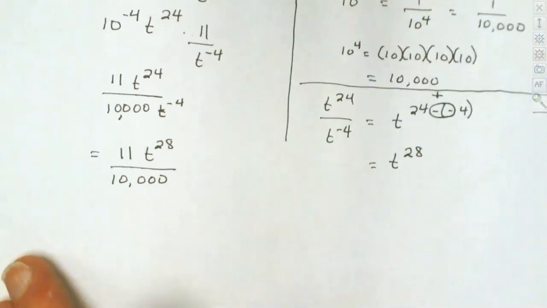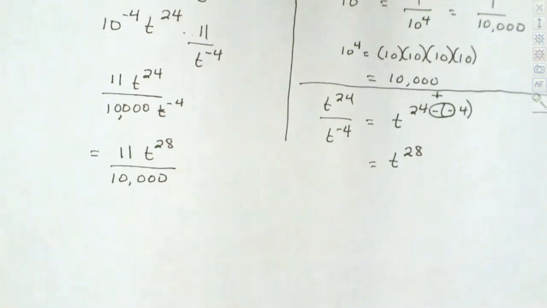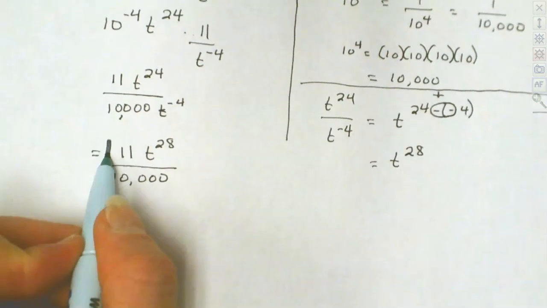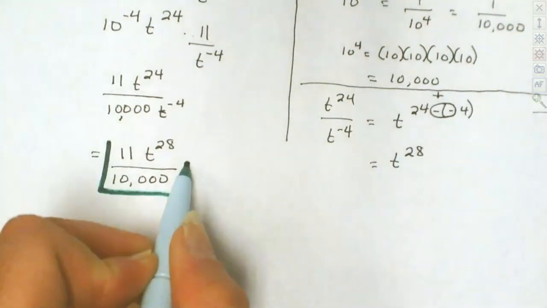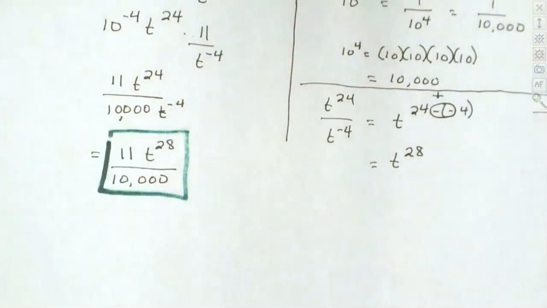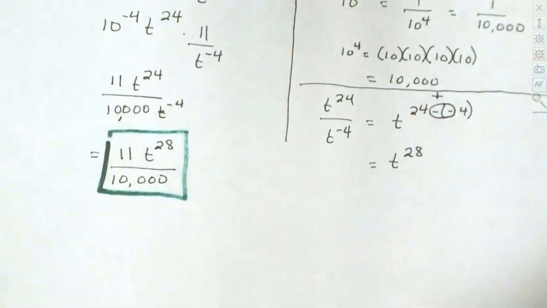Now, how do we know we're finished? Well, 11 divided by 10,000 does not come out as a nice fraction. So we leave it as it is. And there's no more t's to go together. And all of our powers are positive. So you've got to watch and make sure you've got no variables that go together.